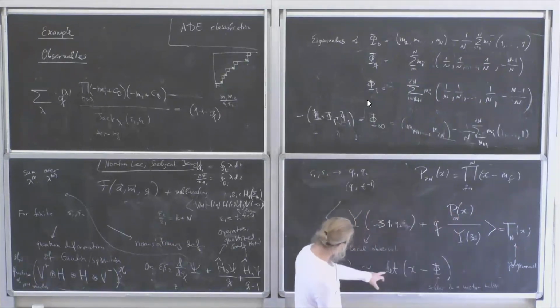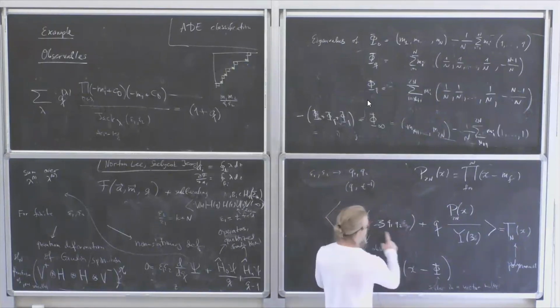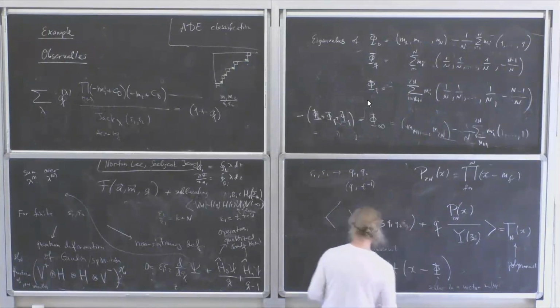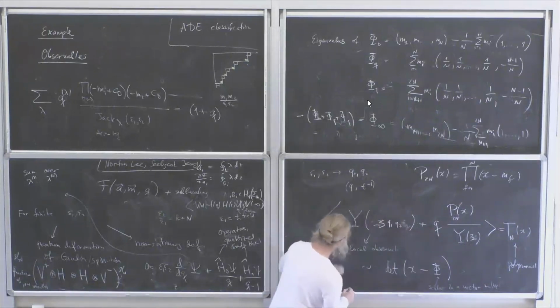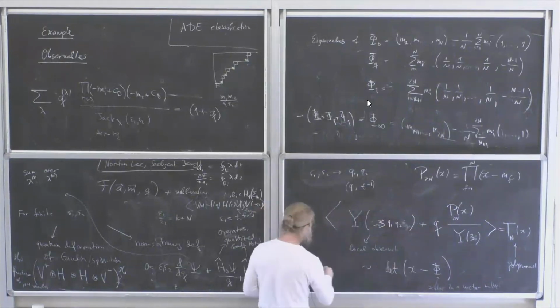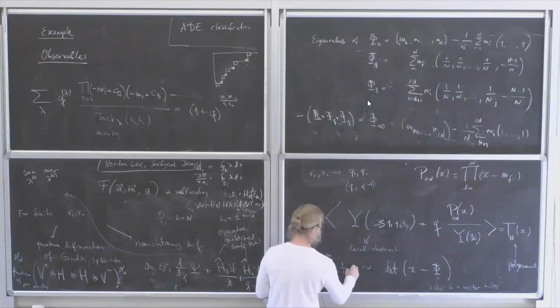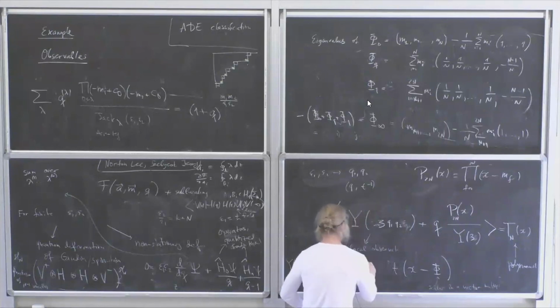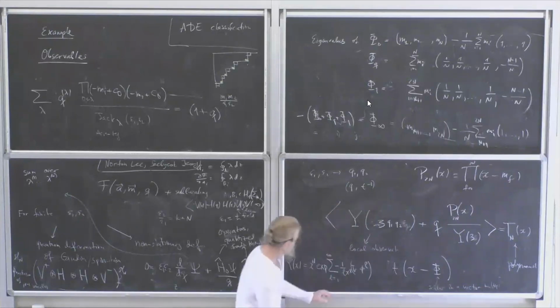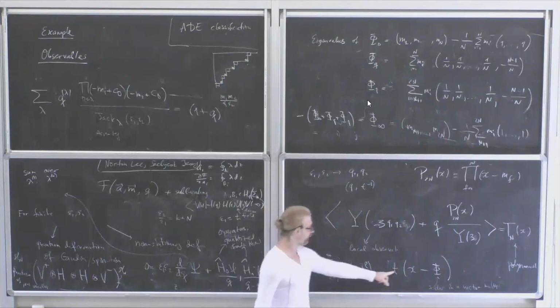But this is naive because this should be a polynomial and this is not a polynomial. So it's more like this combination corresponds to this polynomial. So Y is the generating function of the single trace operators, one over L x to the power L minus trace phi to the L. So you see, if phi were a classical matrix, this series you could have resummed and obtained just the determinant.